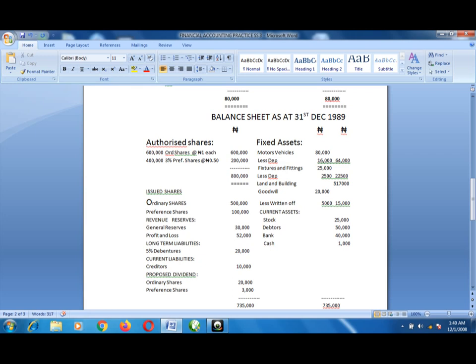Fictitious asset is the last asset immediately after the current asset, if given. If the preliminary expenses is given and you need to transfer it to this aspect of your asset side, immediately after you write all the necessary items under the current asset, you write the fictitious asset, and the example of fictitious assets is preliminary expenses.